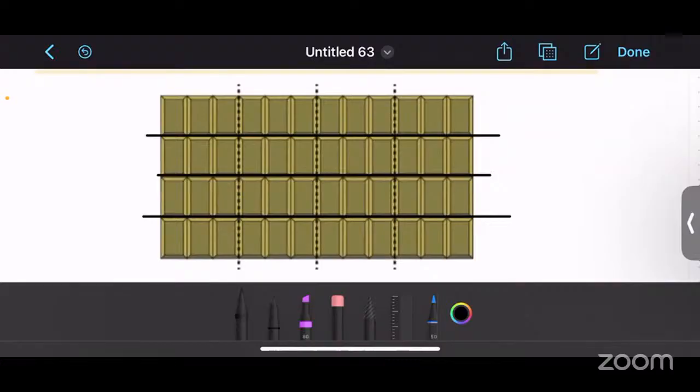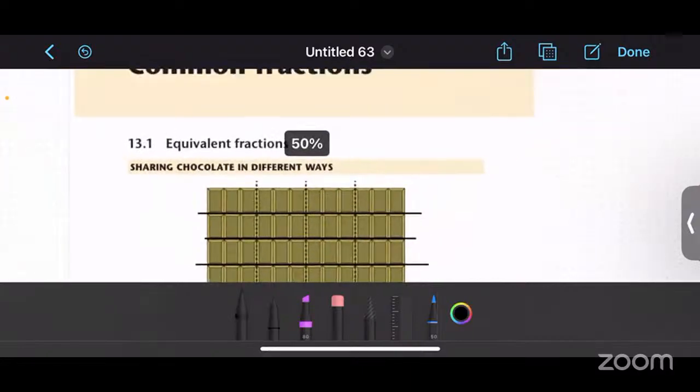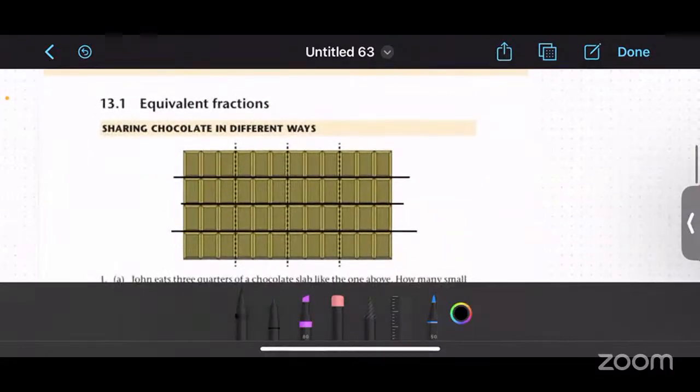There are four friends. Yes, so this is another way of cutting it, so that everybody gets the same or equal pieces of chocolate, but this is not limited to this, right? It can be cut in different ways again, right?